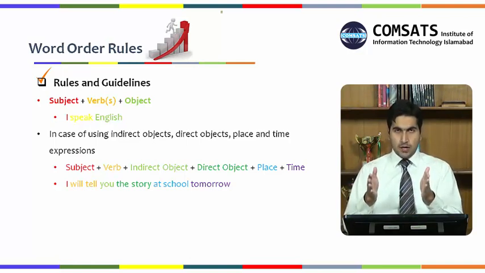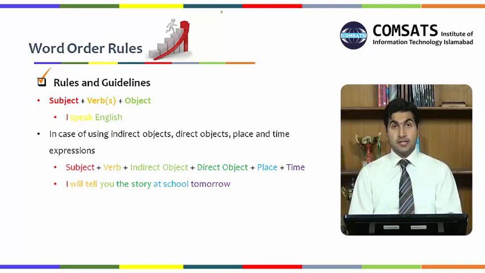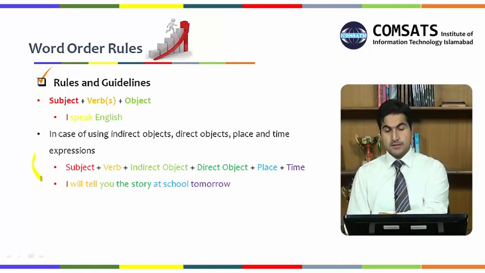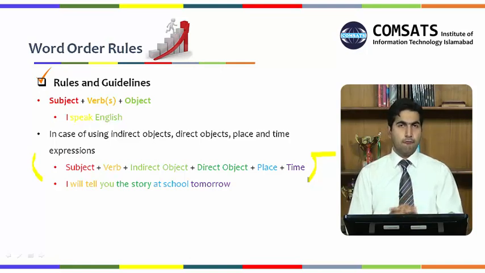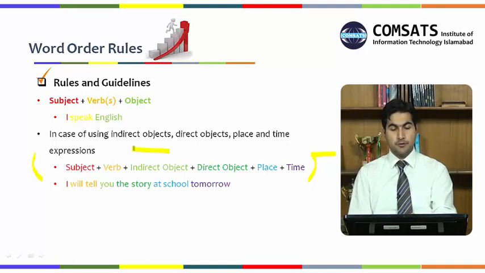So when these are together within a sentence alongside the reference of place and time, then you have to follow an order which is there within this statement, or you can call it a formula. It all will begin once again from the subject, then you're going to place the verb, then the indirect object will come first, followed by the direct object, and then comes the place, and finally time. This is the way you move ahead whenever you have to place all the different parts.